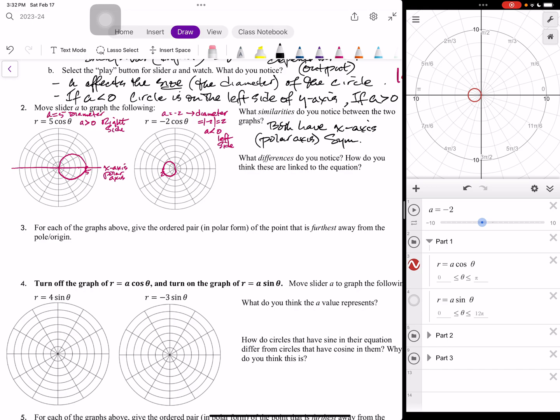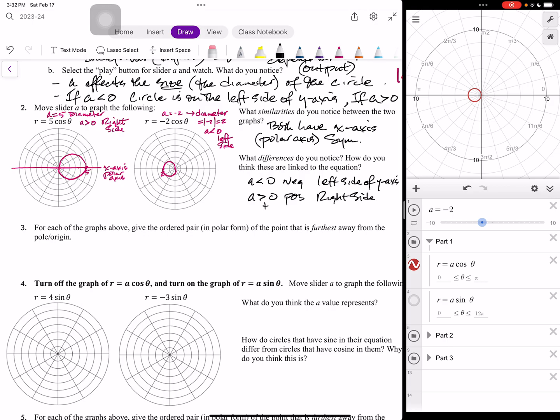As I just said, when A is less than 0 or negative, it's on the left side of the y-axis. When A is greater than 0, which obviously means positive, we're talking about the right side.